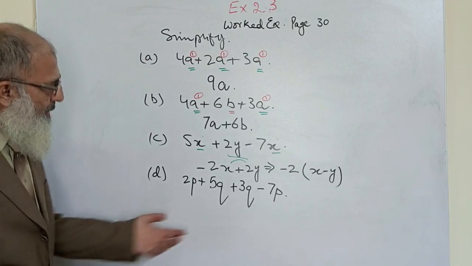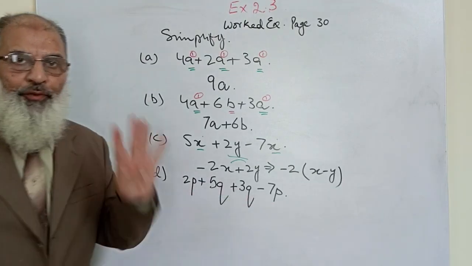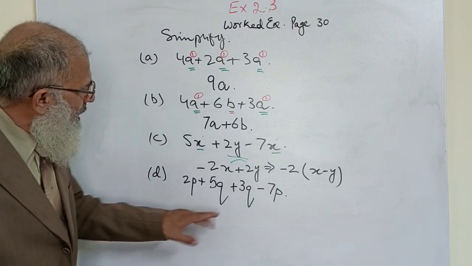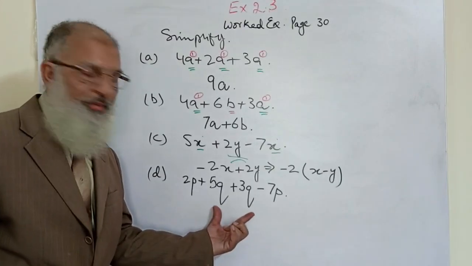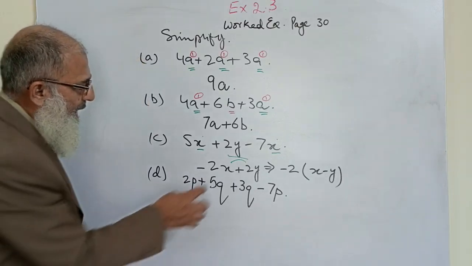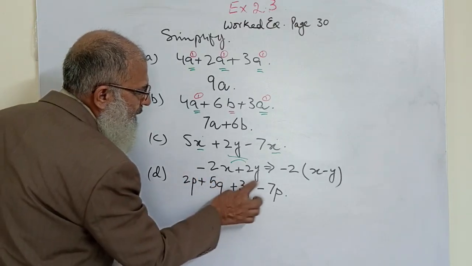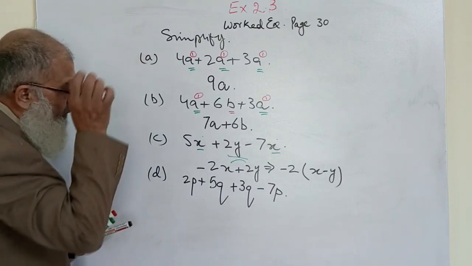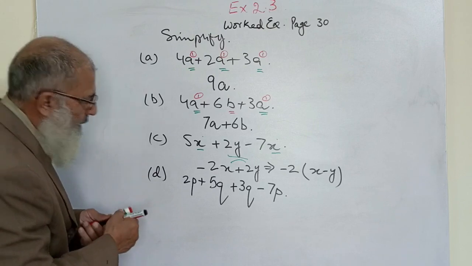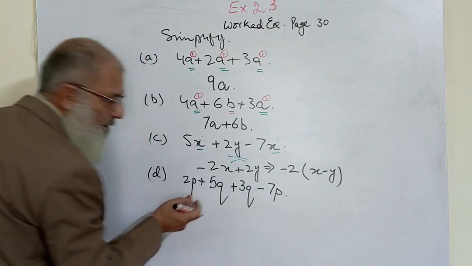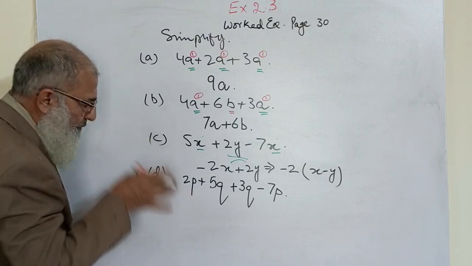Now you see that this expression contains 4 terms, 1, 2, 3, 4, with 2 like variables and 2 like variables over here. And indices are the same. So what we do, we will pick up p first because it is coming first.